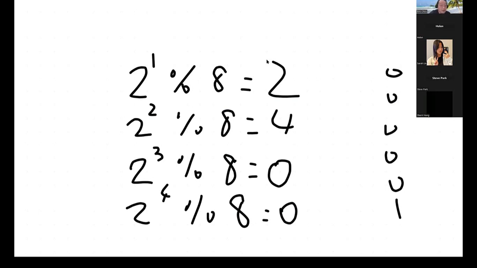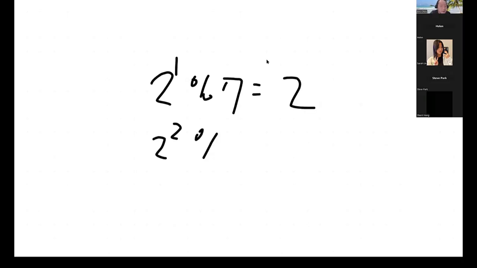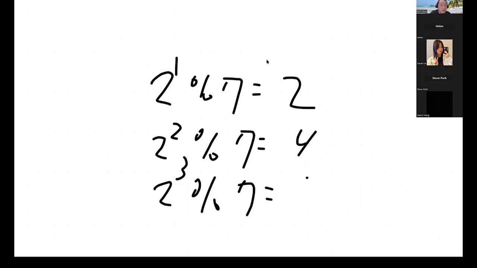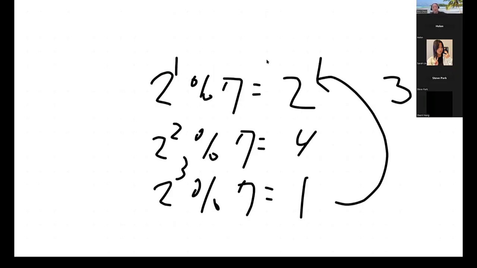2 to the power 1, mod 7, you get 2. 2 to the power 2, you get 4. 2 to the power 3, mod 7, you get 1, repeating already. So you only spread out for 3 numbers. You cannot spread out for every number.